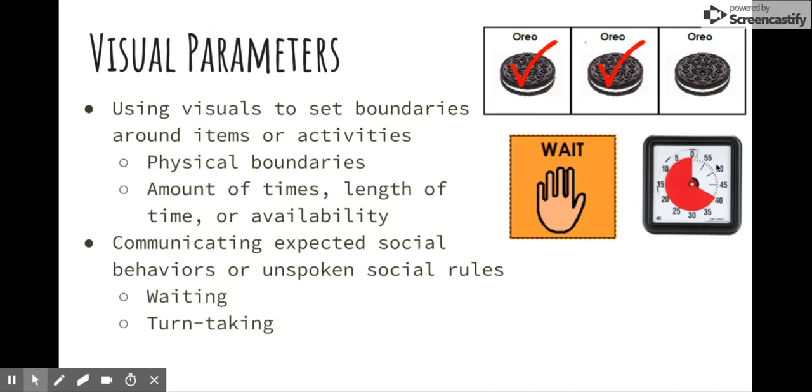Visual parameters provide students with boundaries around items or activities. This might include physical boundaries, an amount of time, a length of time, or availability. Sometimes visual parameters communicate expected social behaviors or unspoken social rules, like waiting or turn taking.